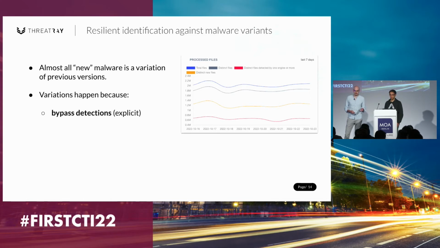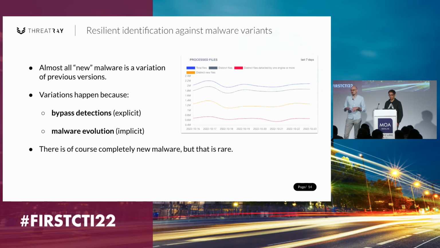One of them is to bypass detection, which is a very explicit way to create a variation. The second is an implicit variation, which is that malware evolves, just like software. And of course, there's truly new malware which hasn't been seen before, but that's a pretty rare case overall.